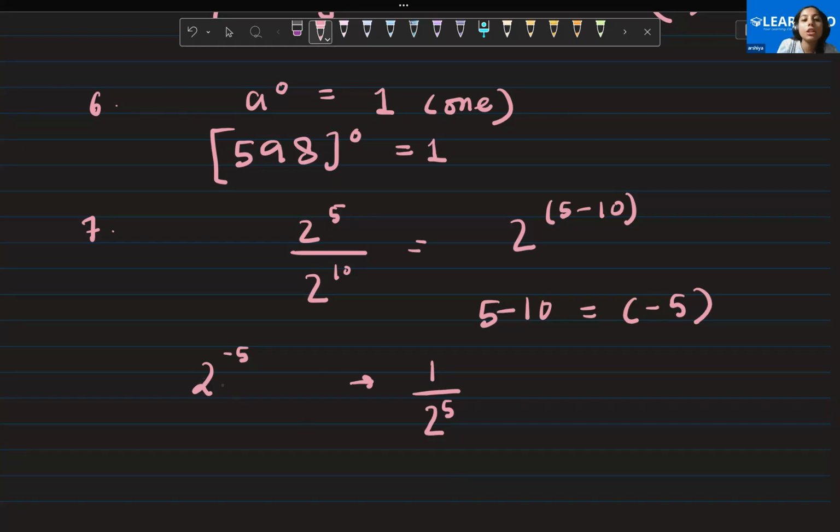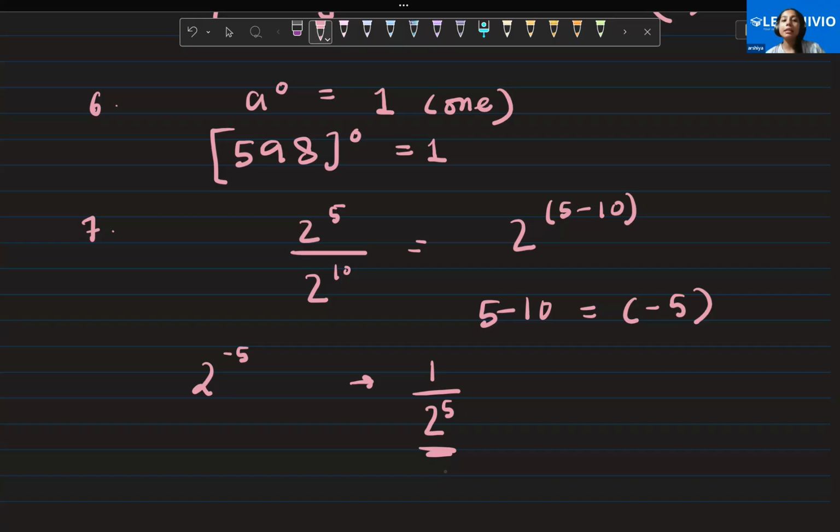If it's in the numerator, you put the number in the denominator, and that's how it becomes positive. After you get the answer 2 to the power of -5, we convert it to a fraction. Yes, and the numerator will always be 1.